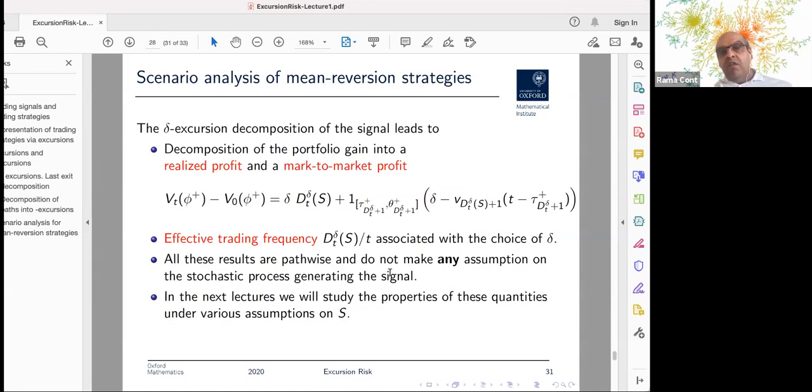So the results apply to cases where S is a fractional process, something that can be statistically realistic for the signal you're trying to model, and that's fine because they are strictly pathwise results. So that's what I will do tomorrow: derive pathwise results for all the quantities that I showed you here, again without making any probabilistic assumptions on S.